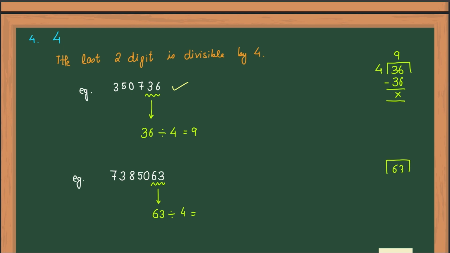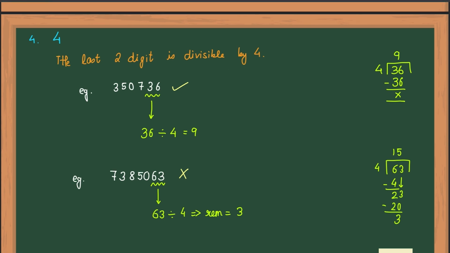So 63 divided by 4: 1 times is 4, 2, 3 comes below that, 5 times is 20, we get 3 as the remainder. Since over here there is a remainder of 3, it means that this particular number is not divisible by 4.